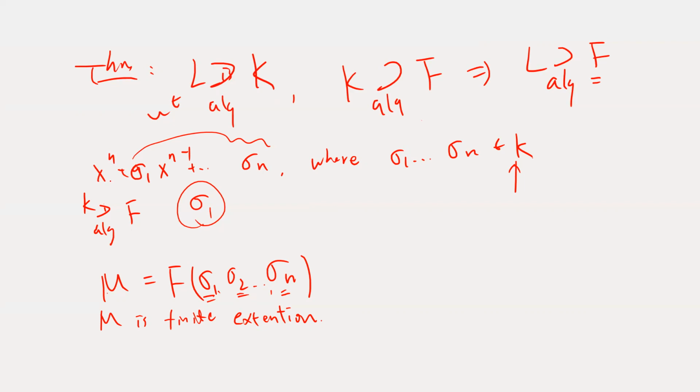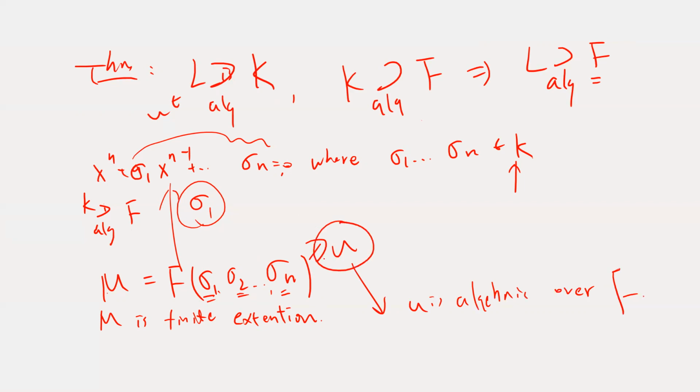But now your u satisfies this property, so u belongs to M, and M is a finite extension. So u is algebraic over F, because an element lying in a finite extension over some field must be algebraic.